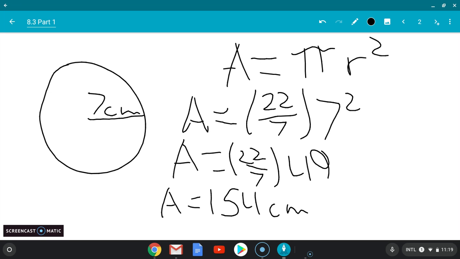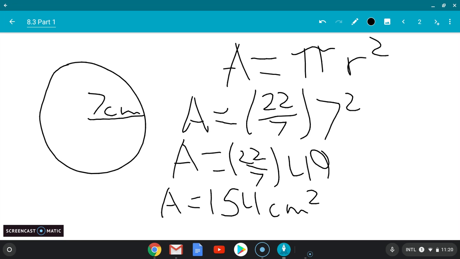So it's 154 centimeters squared because we're talking about area. Okay. And that's the measure of everything inside of this circle, the whole space inside of this circle. Because we're talking about area, we always square our units. So the area of this particular circle is 154 centimeters squared.